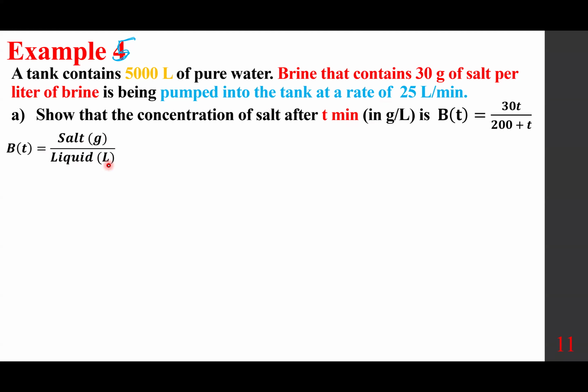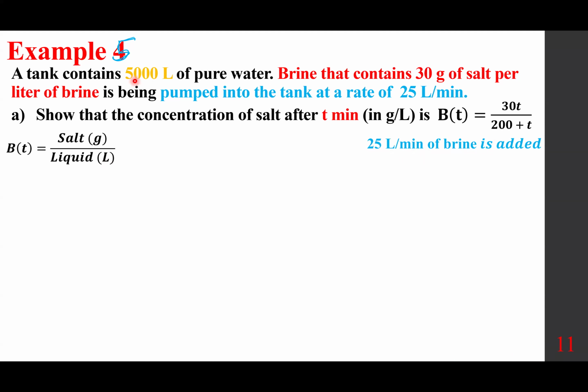So according to this, 25 liters per minute of brine is added. That means after 1 minute, we are adding 25 liters of brine to this pure water.